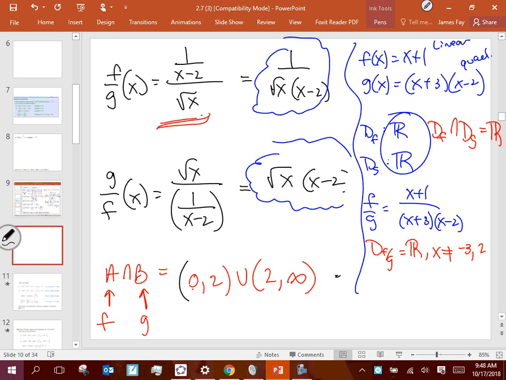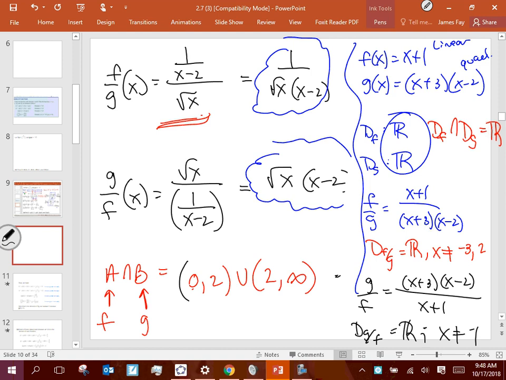Let's change this. Let's go g divided by f. That's going to be x plus 3 times x minus 2 over x plus 1. What's the domain now of g divided by f? Except for -1. Good. Okay.